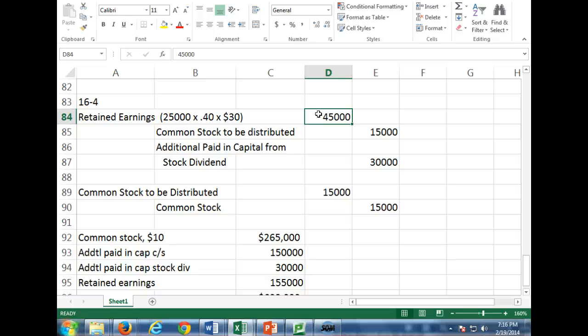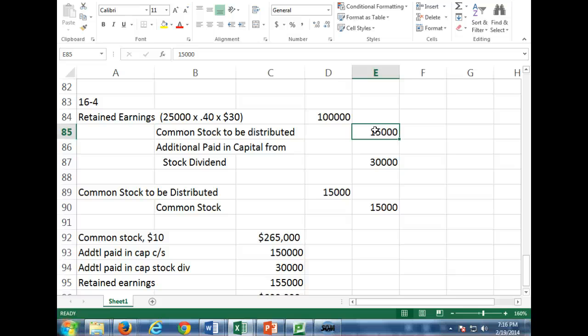100,000. But if we take 100,000 and divide it by $30 a share, how many shares is that? Oh, excuse me, 100,000.